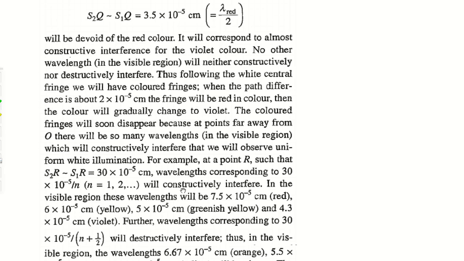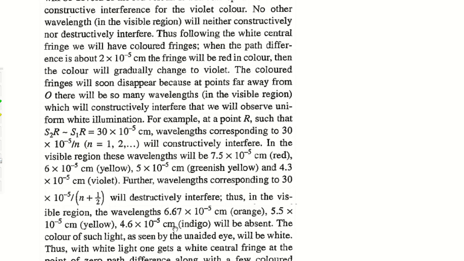So those colors will be present there, and what colors will be absent? So you have to divide this path difference by n plus half. Say put n is equal to 4. So 4.5, 30 by 4.5 will give you 6.67.